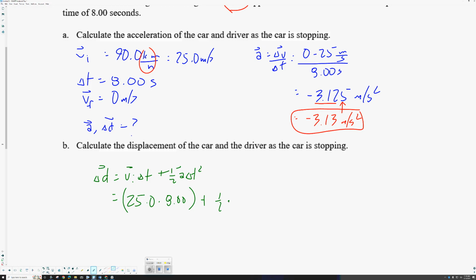When we sub it into here, we sub in our unrounded number. You understand that, guys? That's why I went with that equation, to show you that if we're using a previous answer, we have to use our unrounded answer. It's going to be negative 3.125, negative and all of the digits, times T squared, 8 squared.